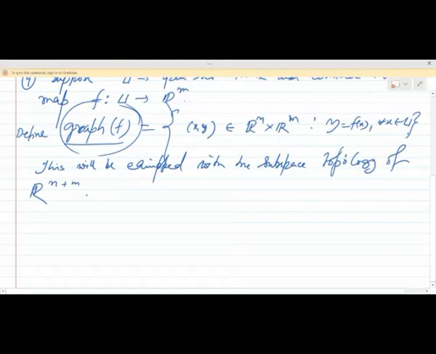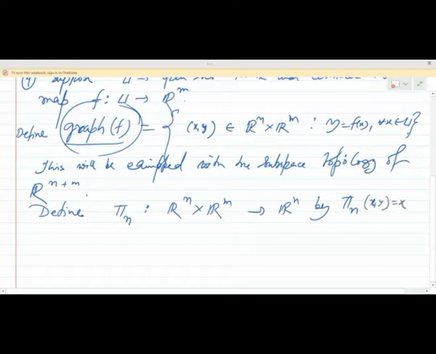Now you can define the projection map pi n from Rn cross Rm to Rn by pi n (x, y) equals x.